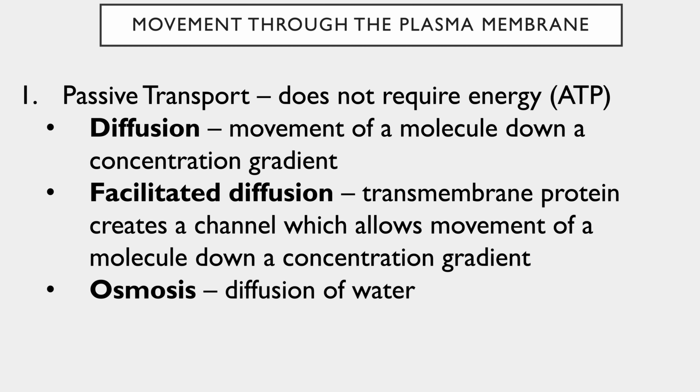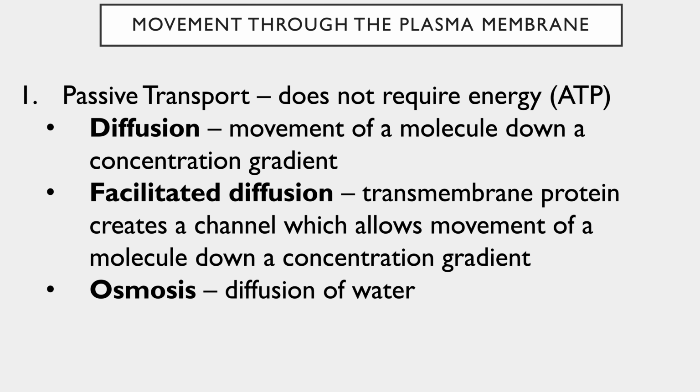This is essentially the movement of a molecule down a concentration gradient, meaning that it will move from a high concentration to areas where there is no or low concentrations of that particular molecule. Molecules that can do simple diffusion across the membrane need to be nonpolar and very small, so molecules like O2, or oxygen, are an example of that.